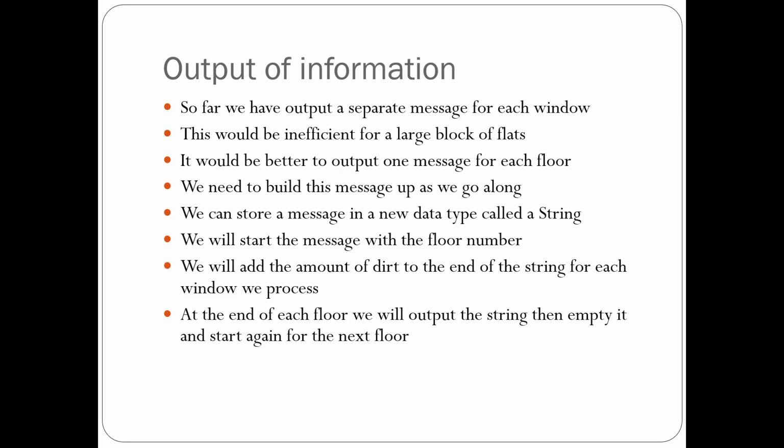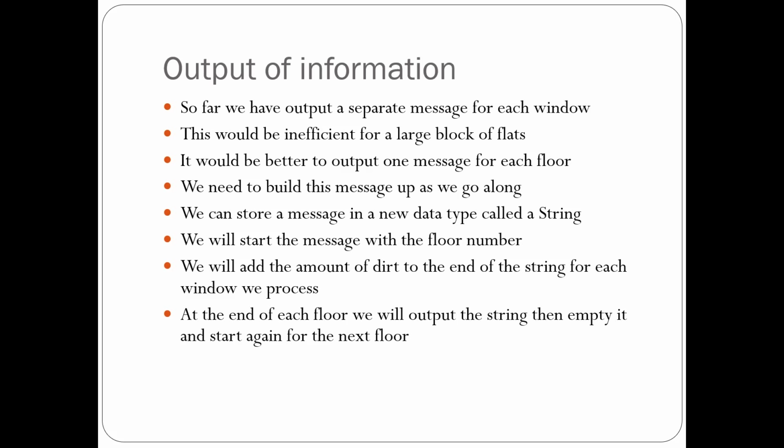Now, if you think about having maybe a 10 by 10 block of flats and the use of the user message, you can imagine if we had one message for each one, it would just take absolutely ages. You'd be forever clicking the OK button.